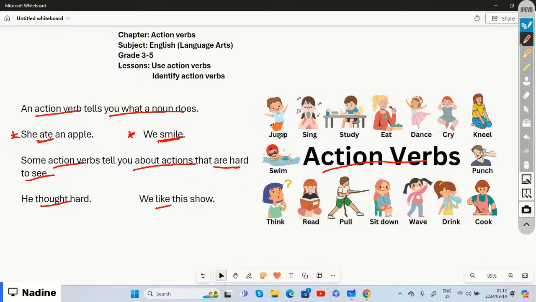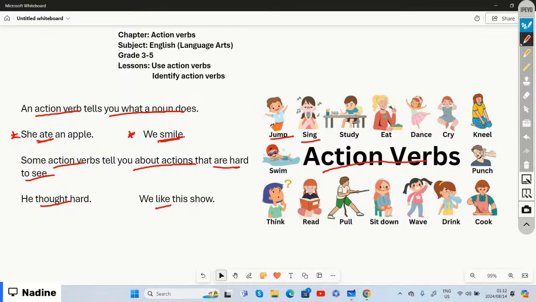And then we can say jump is an action verb. And we also have sing. It's an action that someone is doing.